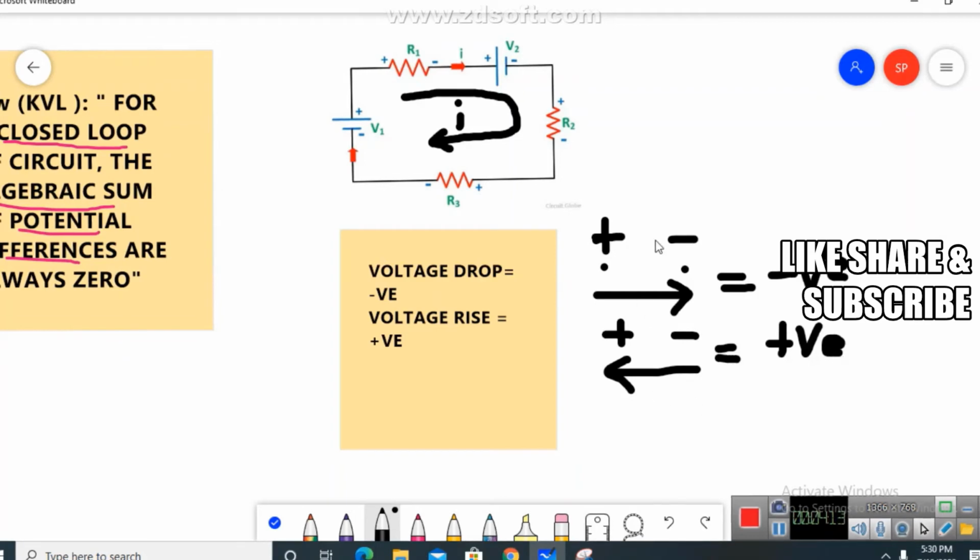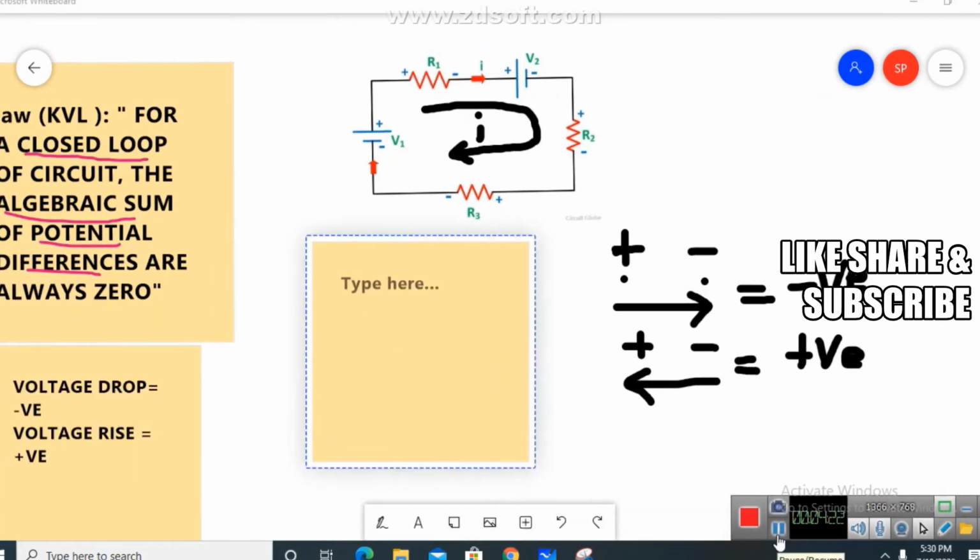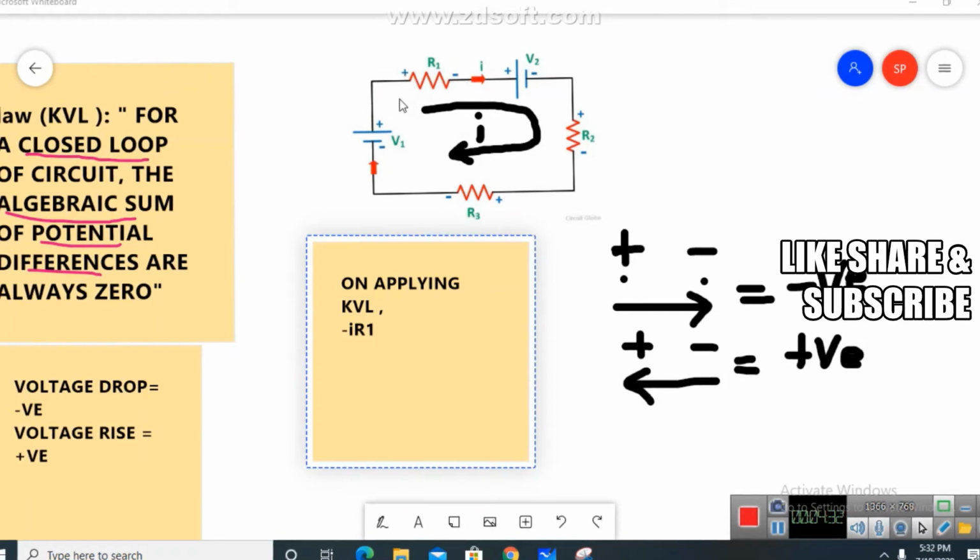Now keeping all these things in mind, we can apply Kirchhoff's voltage law in the given circuit. On applying, if you go through R1, you will see the sign is plus to minus. The direction of current is moving from the plus to the minus side.